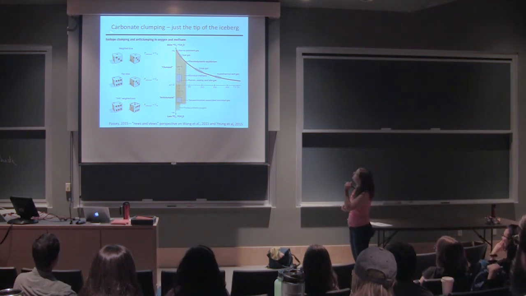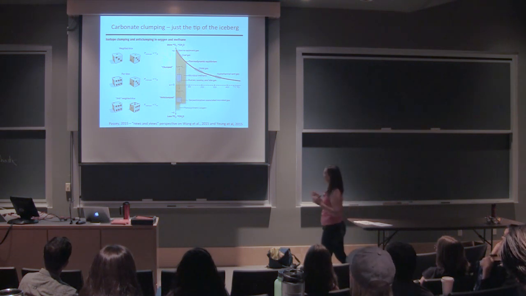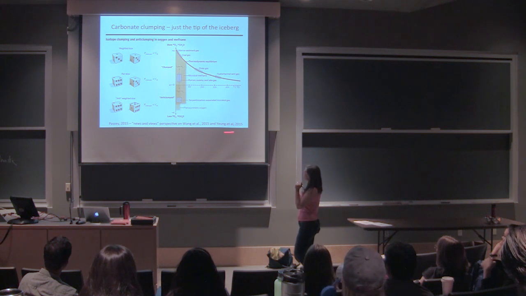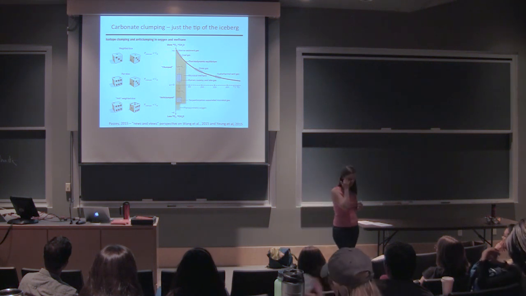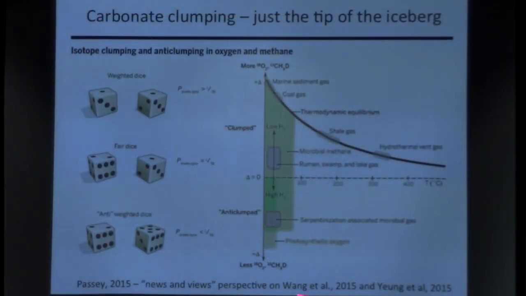This is a figure from Ben Passey's 2015 News and Views perspective on two papers that came out simultaneously in Science in 2015, one from Shuhei Ono's group, the Wang et al. 2015 paper, and a paper by Lawrence Young and others, 2015. These folks are working on methane clumping, and these folks are working on O2 clumping.